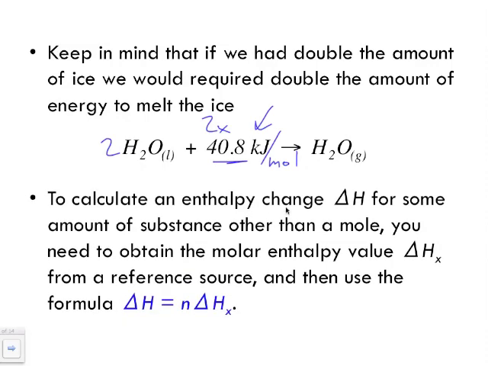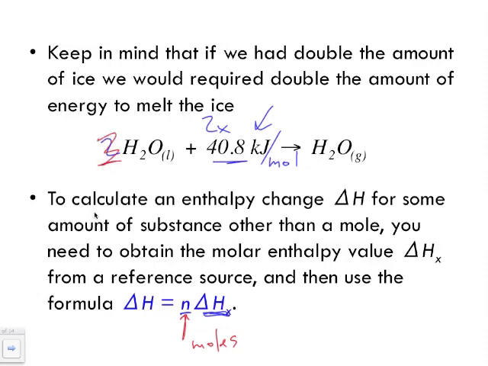So to calculate an enthalpy change, delta H, for some amount of substance other than a mole, you need to obtain the molar enthalpy value from the reference source and then use the formula where delta H is equal to n multiplied by your delta H_x. So now notice here, this n value, right, is really the number of moles that you're using, right? So the number of moles might be as follows: 2 moles, right?